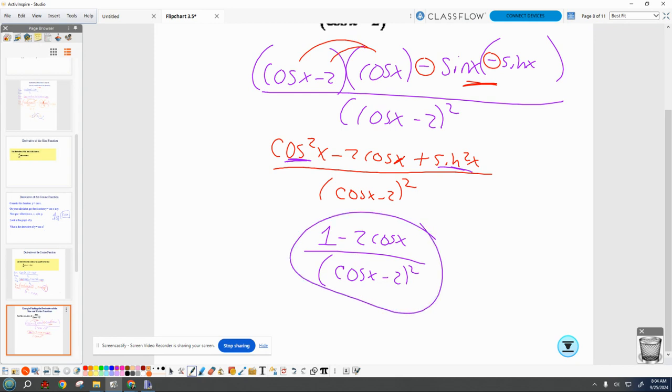Leave the bottom factored. Sometimes, very rarely, it might reduce, so leave it factored so you'll recognize that, and don't waste your time expanding it when they don't want it. Okay?